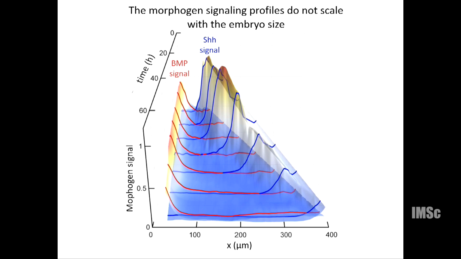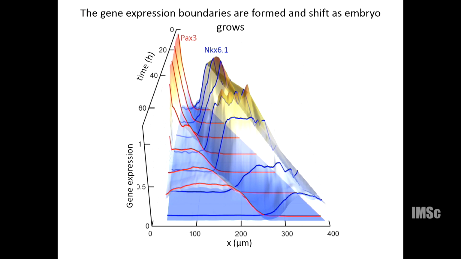You get this point around 30 hours where there is nothing there, or almost nothing. And this is different qualitatively in the target genes. So how can we use that?